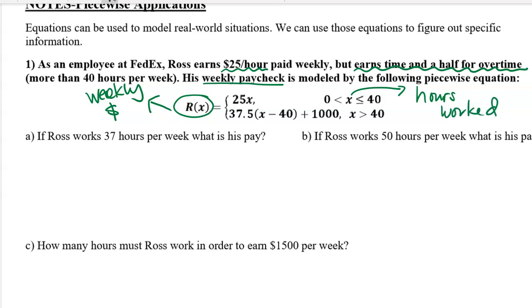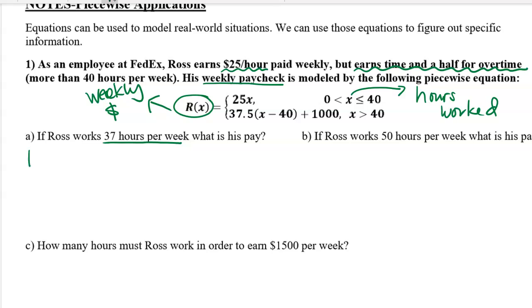Okay, part A. Sadie, help us read part A, please. Perfect. If Ross works 37 hours a week, what is his pay? Out of the two pieces, Sadie, which piece are we going to use to find his paycheck amount for part A?